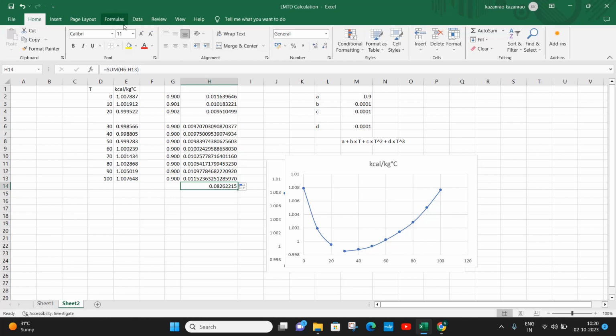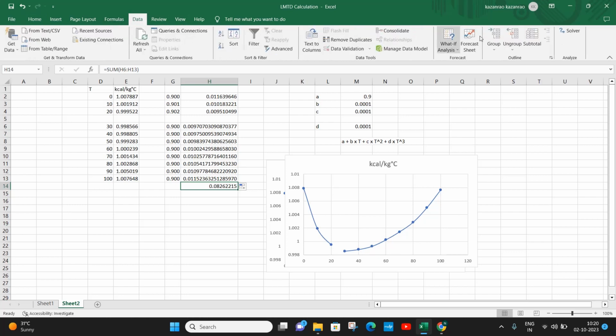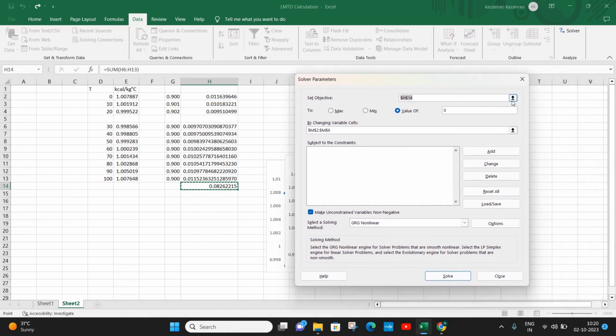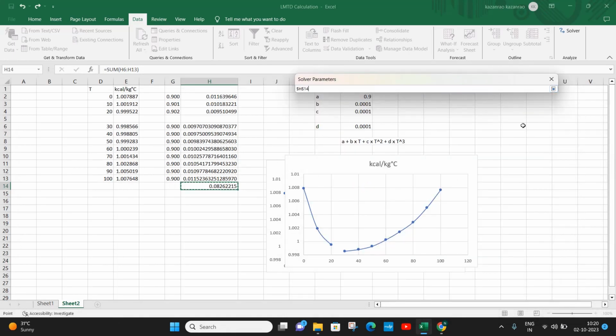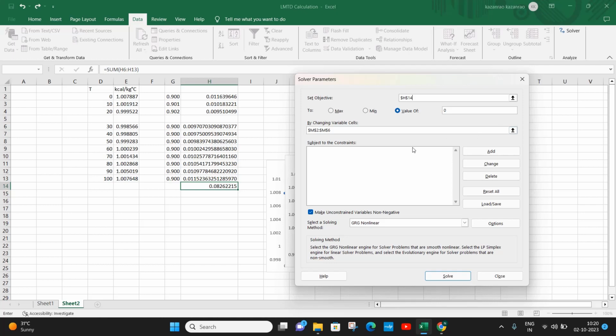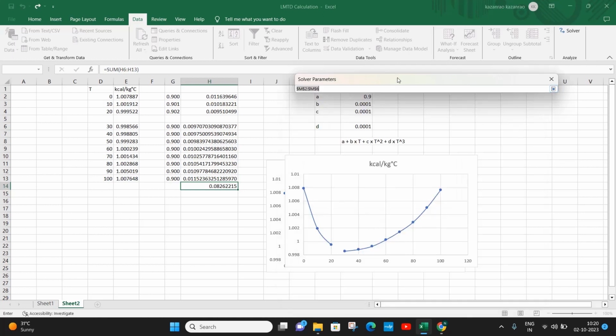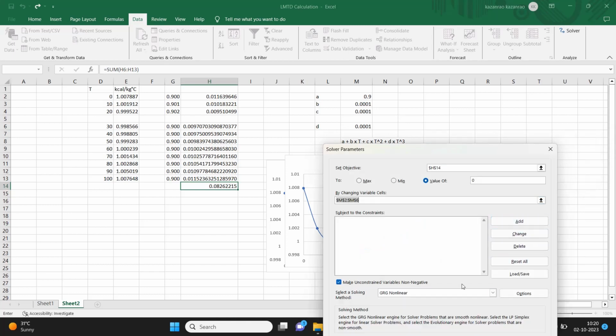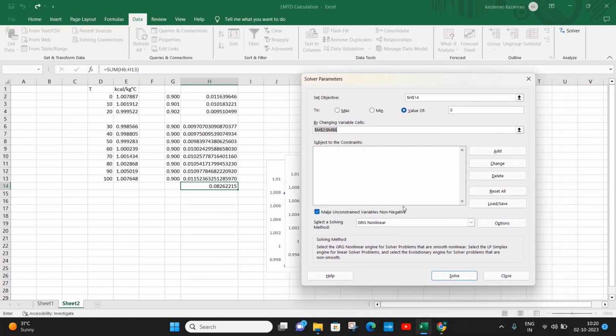The solver is available here. We are going to make this variation go to 0 by changing these variables. We choose GRG Nonlinear.